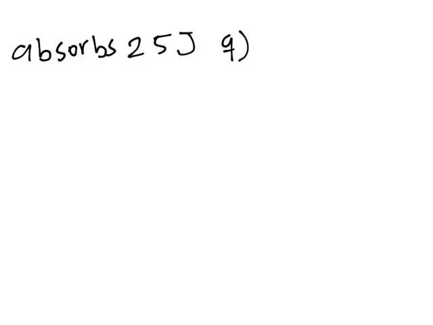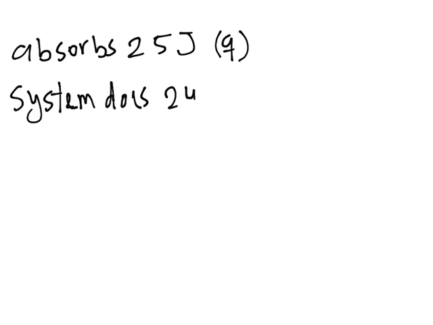So, this is our Q. And our system, which is the gas, does 243 joules of work, and this is our work. And we just want to find the change in internal energy. So delta U.